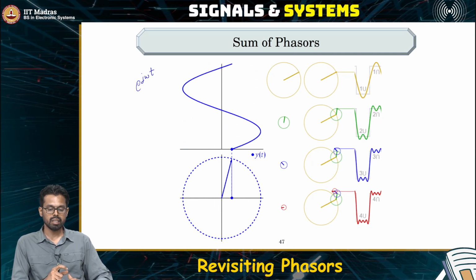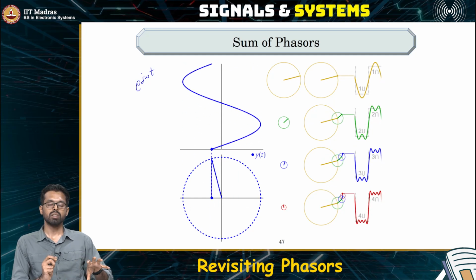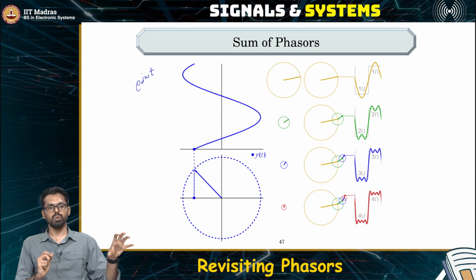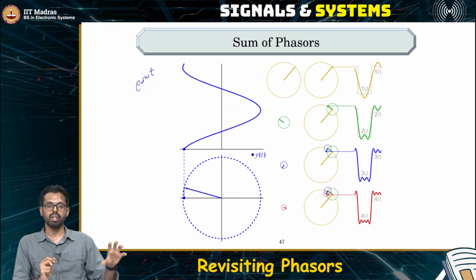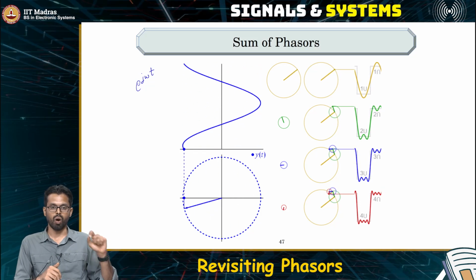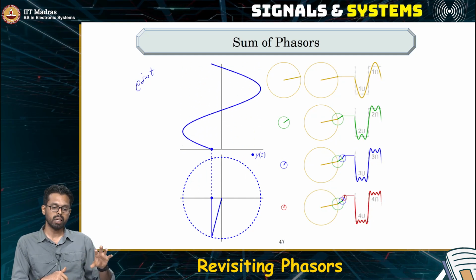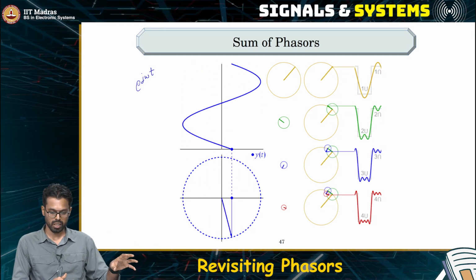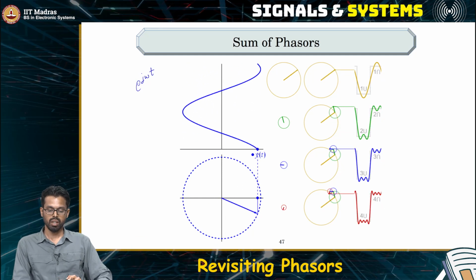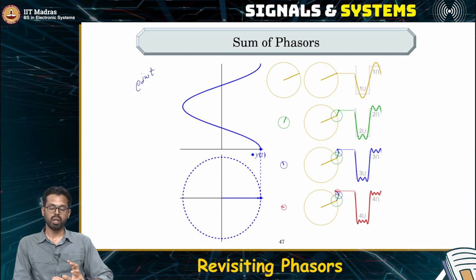Now if I have to add this, the phasor's origin goes on to the point representing the initial phasor. That is, the origin of e power j omega t was 0, but you are adding e power j vt to e power j omega t. So the origin has shifted to the location of the phasor e power j omega t.